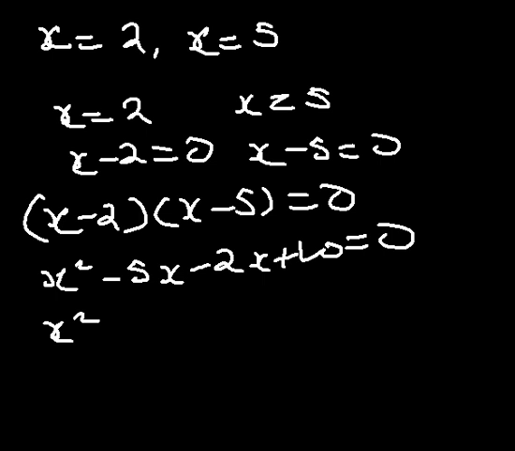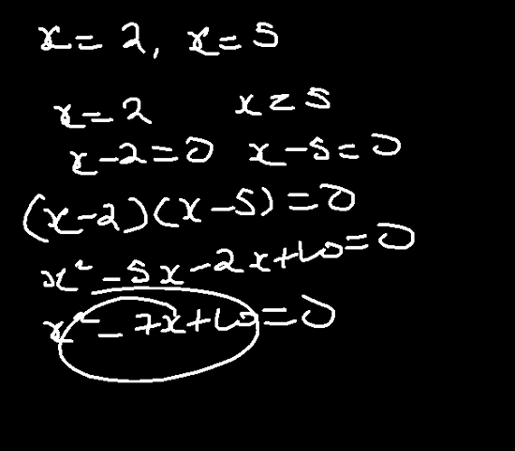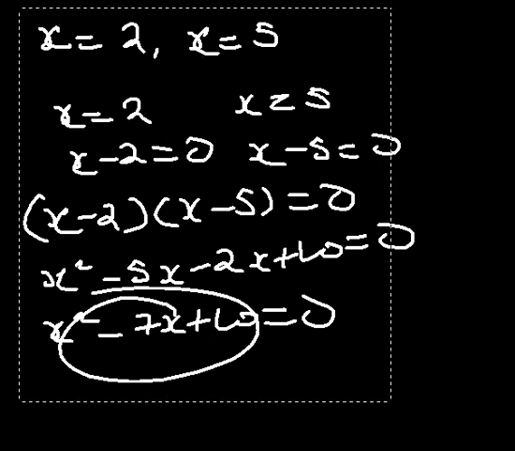So now we have x squared minus 7x plus 10 is equal to 0. So now this is the quadratic equation corresponding to those roots. So take note of that.